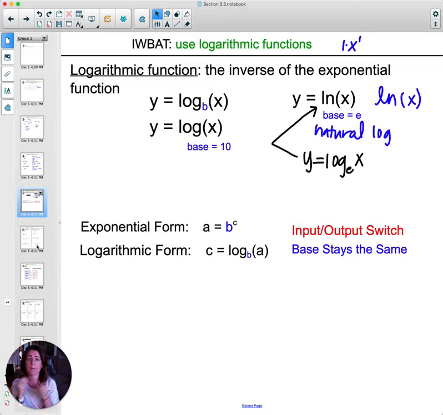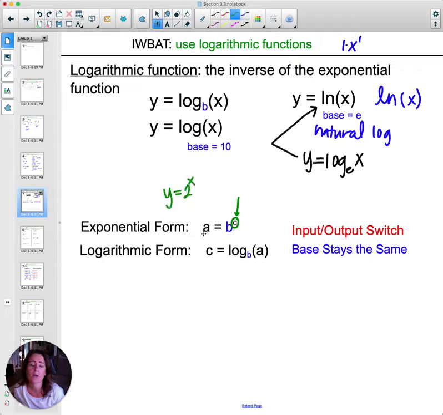So that's what's going to happen: the input and the output are going to switch here. If we're talking about an exponential equation, the input is the exponent. If you had, it's usually something like y equals 2 to the x power, the input is that exponent. And then you have the output. In this case, our output is a, our input is c.